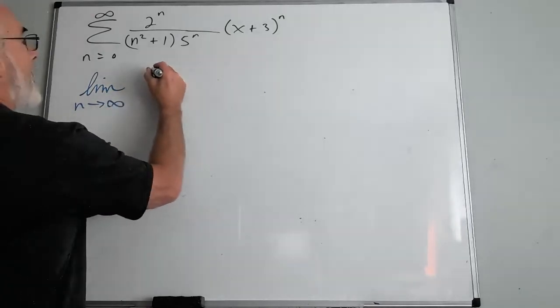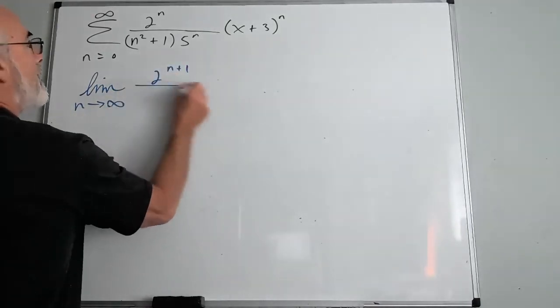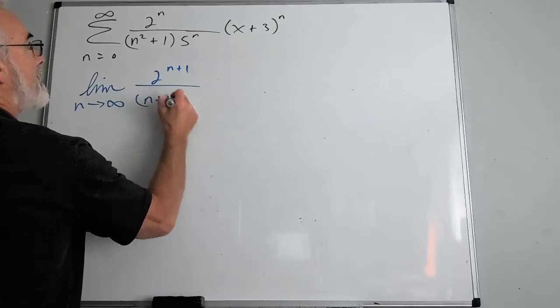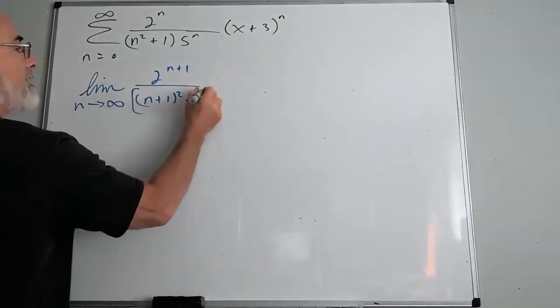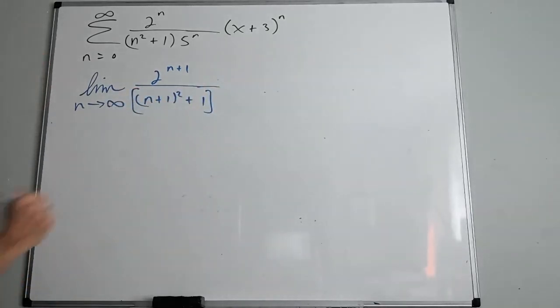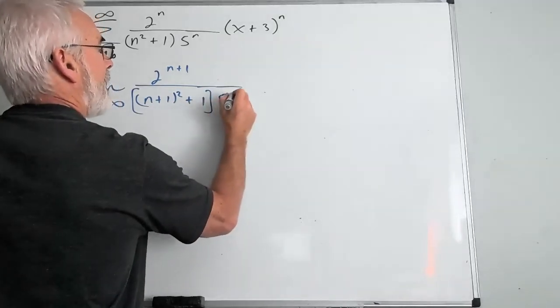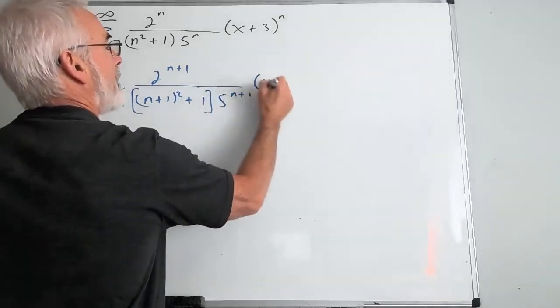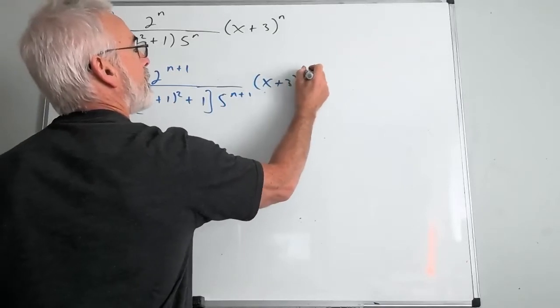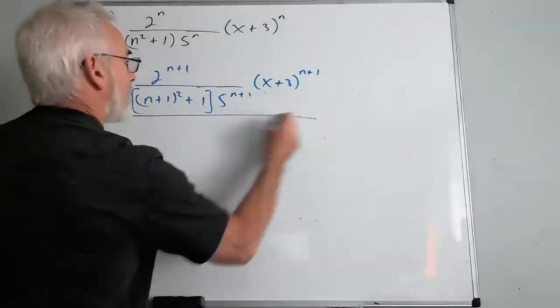All right, so I've got 2 to the n plus 1 over n plus 1 squared plus 1, 5 to the n plus 1, all times x plus 3 to the n plus 1. Yikes, that's a lot of stuff.